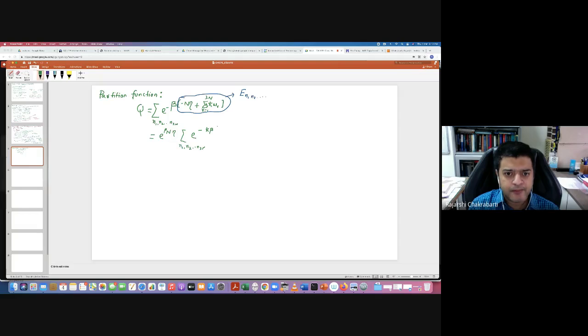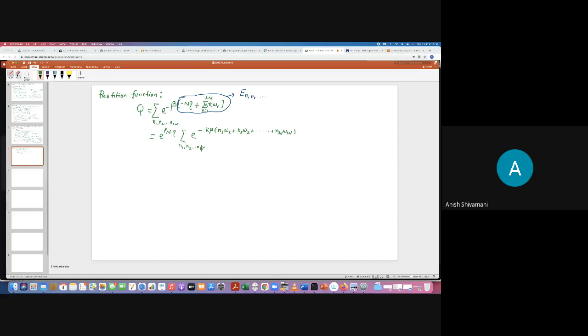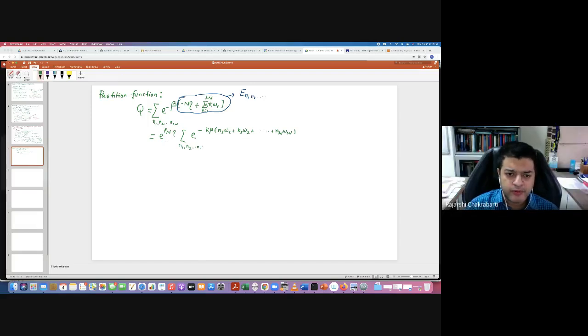And then I'll have the sum over n1, n2, n3 up to n3N of exponential of minus h cross beta, which I can take outside, and then what is inside: n1 omega 1 plus n2 omega 2 up to n3N omega 3N. It's not very difficult, no? Kailash, can you follow? Others are following, I hope. So this is your partition function.